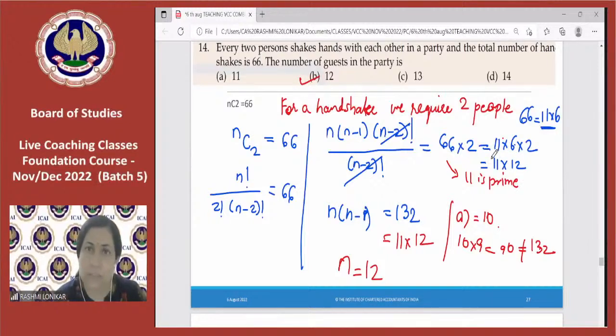So 12 and 11, are they consecutive? Yes. So what I wanted was consecutive numbers. Now which is the bigger number? 12 is the bigger number because it is n into n minus 1. Had it been n into n plus 1, then I would have seen it differently. Here it is n into n minus 1, so 12 is equal to n. Clear, Aska?